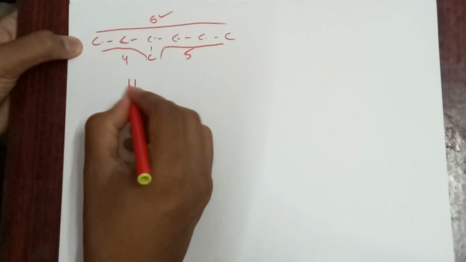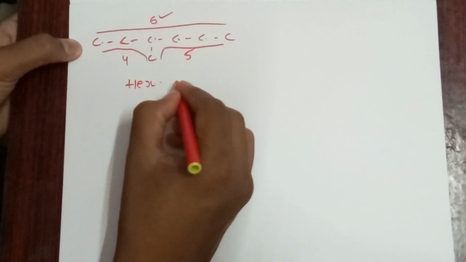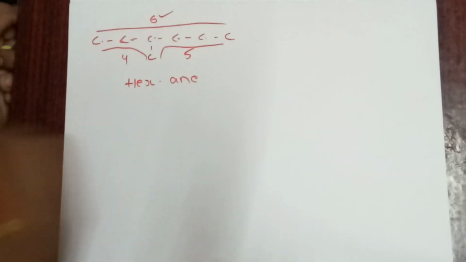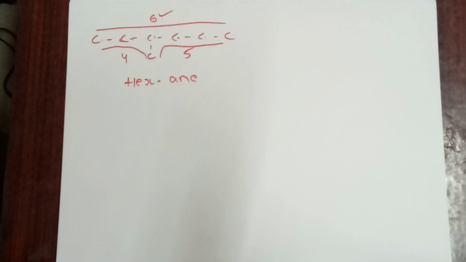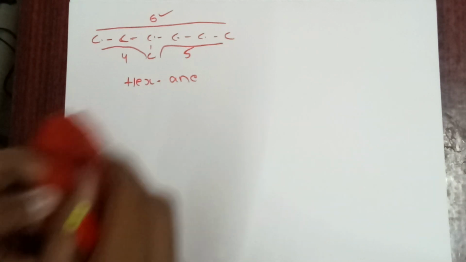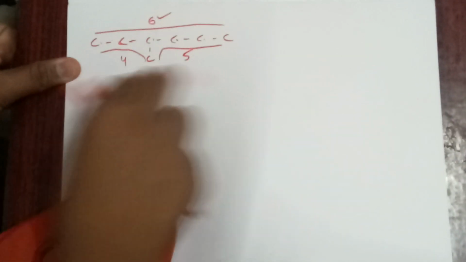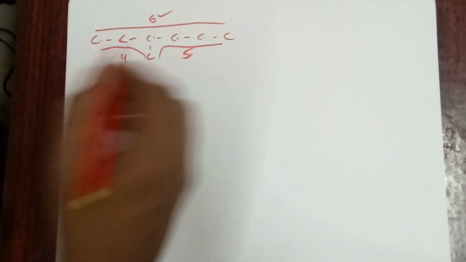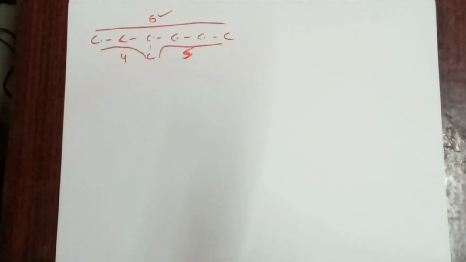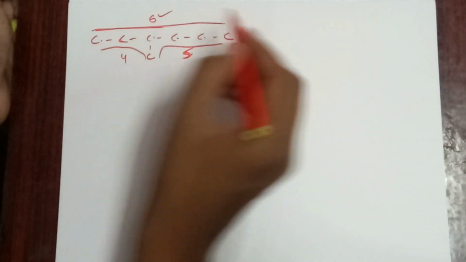6 means hex. ane. No need to write the location because all these alkanes contain only single bonds. Wherever the bond is required, there are only single bonds present in alkanes, right? We have to consider only this chain.